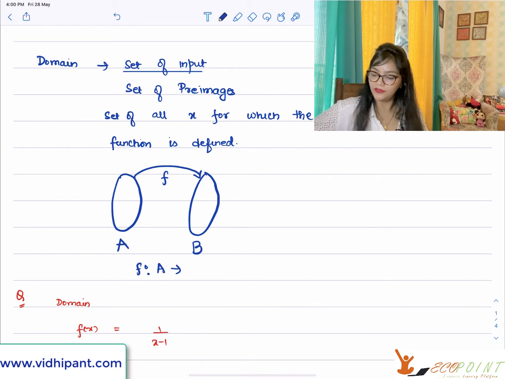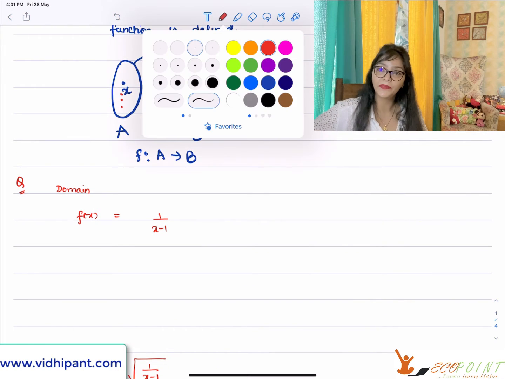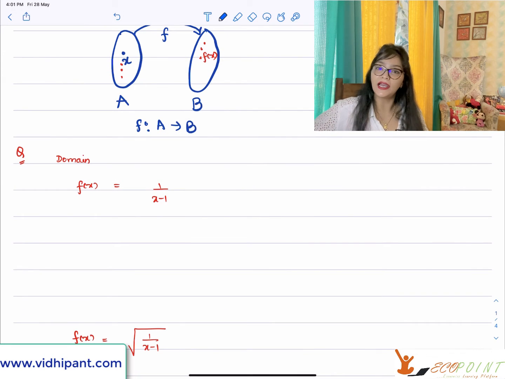It's a relation f from here. Say this is your input set, this is your output set. So we denote it as f from A to B. Your x's are somewhere here, and you'll find your f of x's somewhere here. What we are saying is that for each x in this set A, you need to have some images out here. So you cannot have any idle element here.